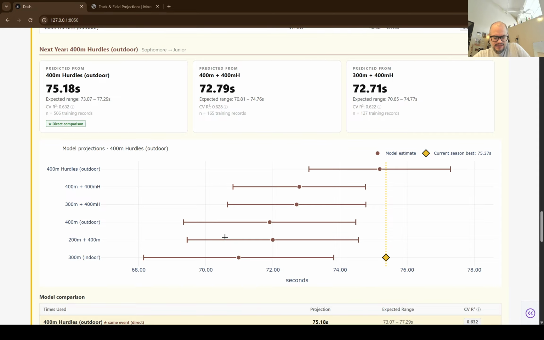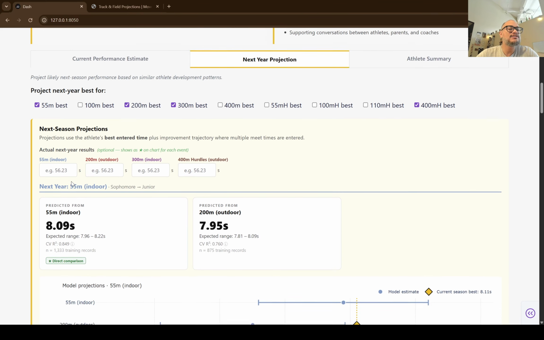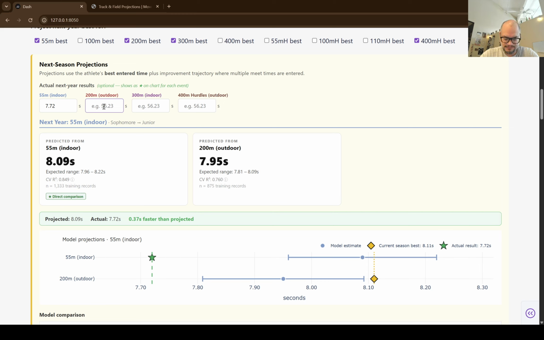Now, one of the things that I like to do with this is actually compare what they actually did. So this is historical data, so the athlete actually already ran this before. And I'm just going to put in their best performances of their junior year for these events, for the 55, 200, 300, and 400 meters.